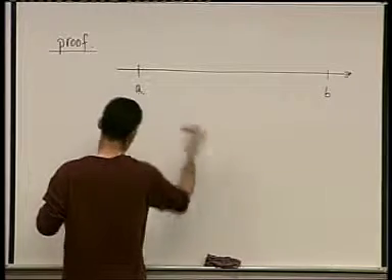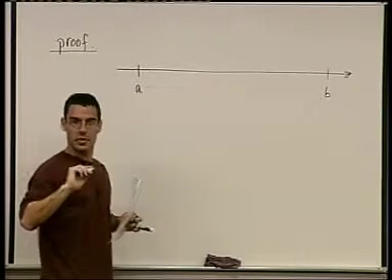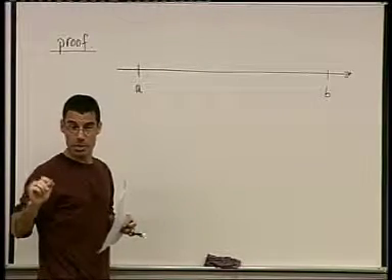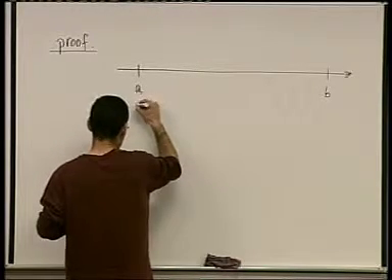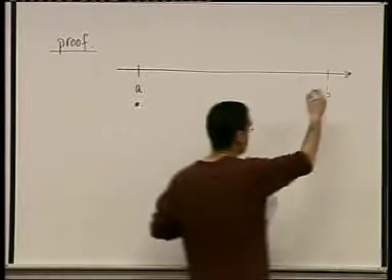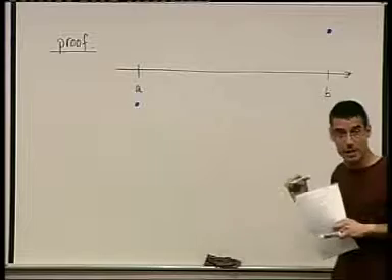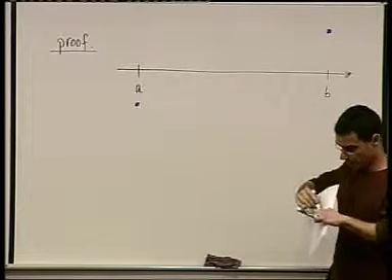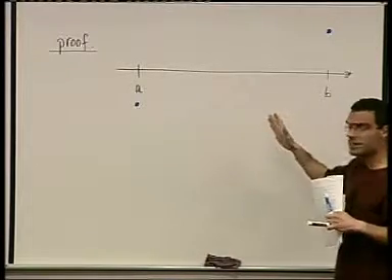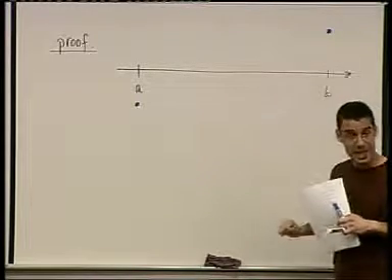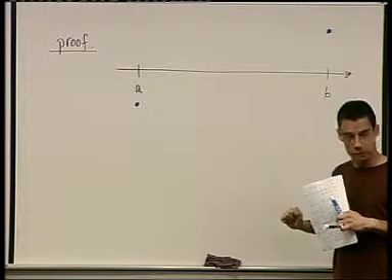So assume, without loss of generality, remember that sort of expression, without loss of generality, assume that it's negative at A and positive at B. Can I assume that? Okay. I'm going to find that point where it must intersect the x-axis.